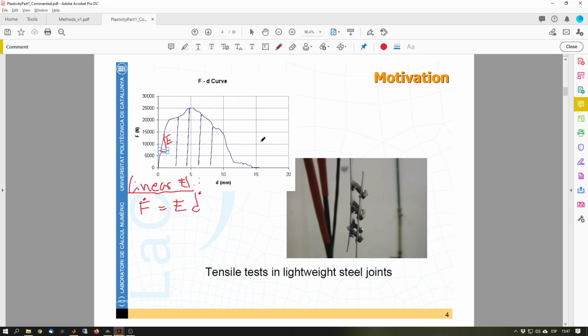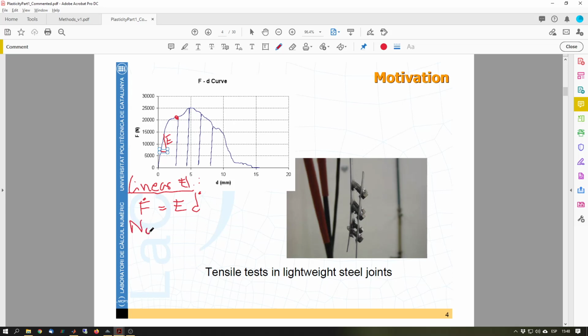But one of the main characteristics of plasticity is that once you have reached that point, if you try to remove the force, you don't go back to your initial position. So it does not go to zero force, zero displacement, what we had in this law.